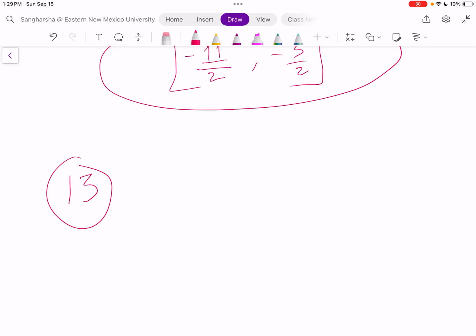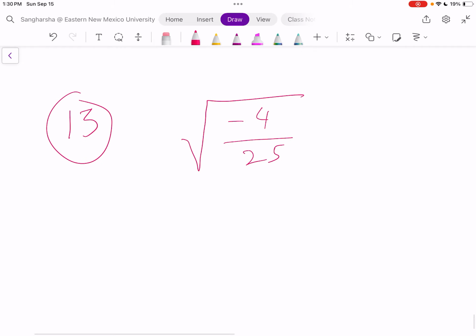In number 13 we have the square root of negative 4 over 25. You are asked to write this number as a pure imaginary number. It means you are asked to write this number in terms of i. Now we have a negative under this radical sign, and if you have a negative number under the radical sign, these are imaginary numbers.